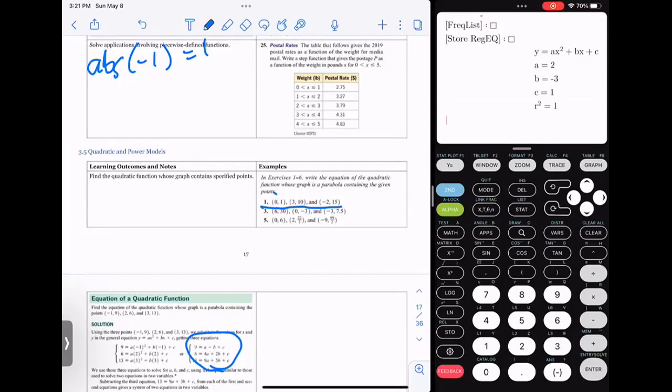So for number 1, that quadratic should look like 2x squared minus 3x plus 1. y equals, by the way.